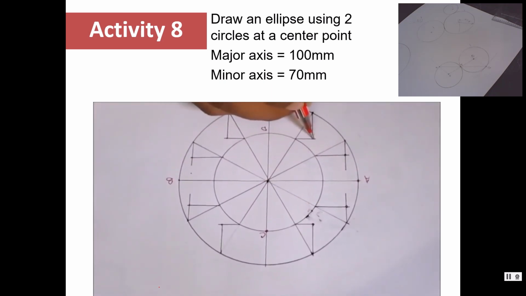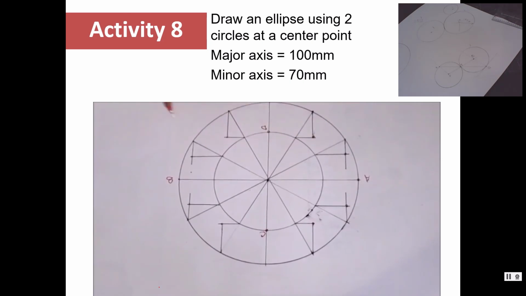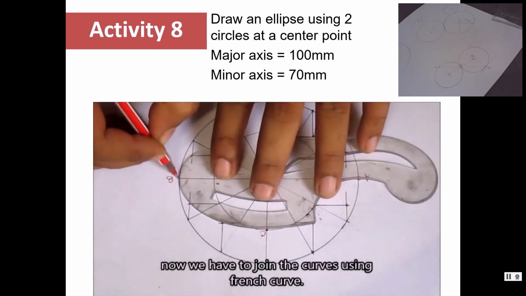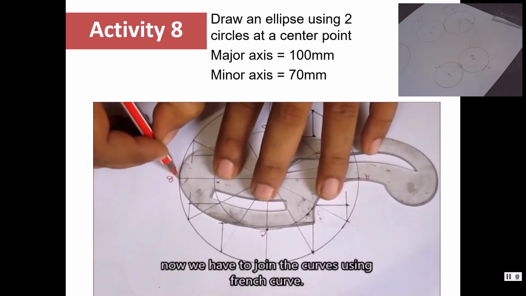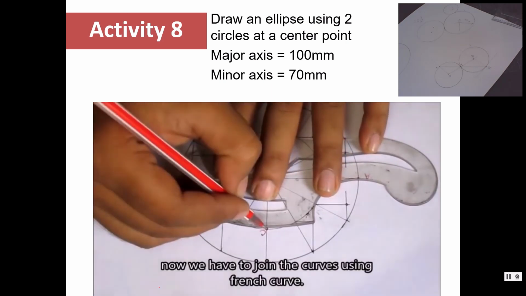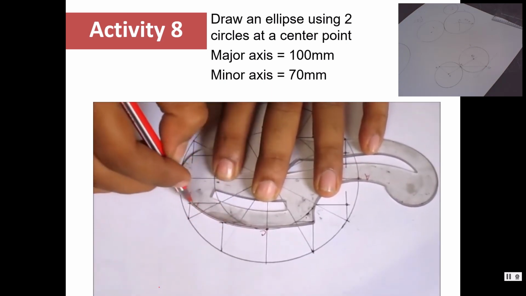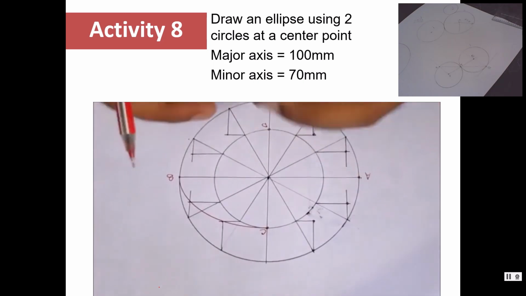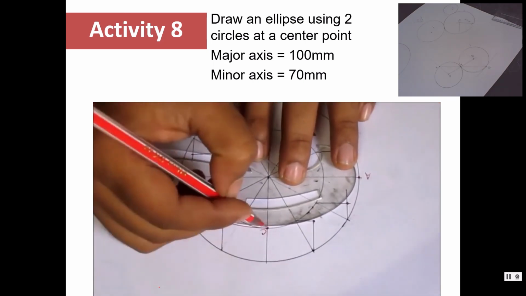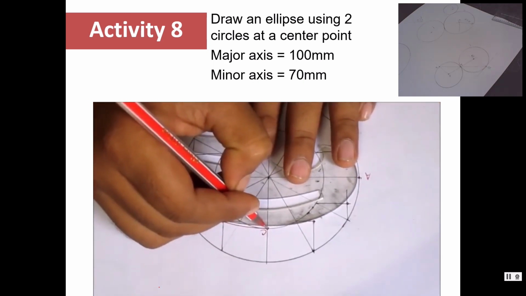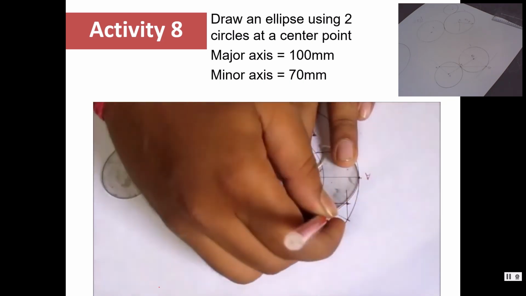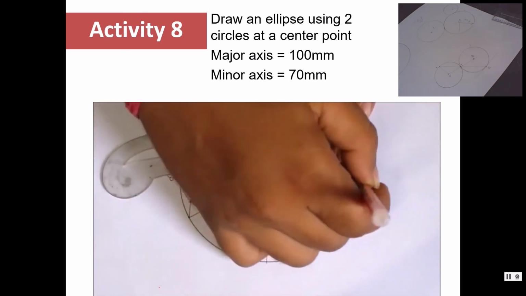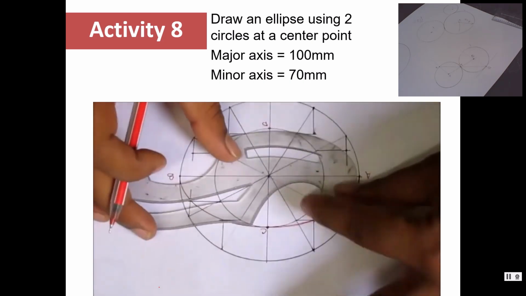Okay, so you can see here, he determined the point of where the ellipse should be connected. If you have this French curve, you can use this in order to draw the curve. However, it's okay if you don't have it, you can just draw it by using your bare hand. Just connecting the dots slowly.